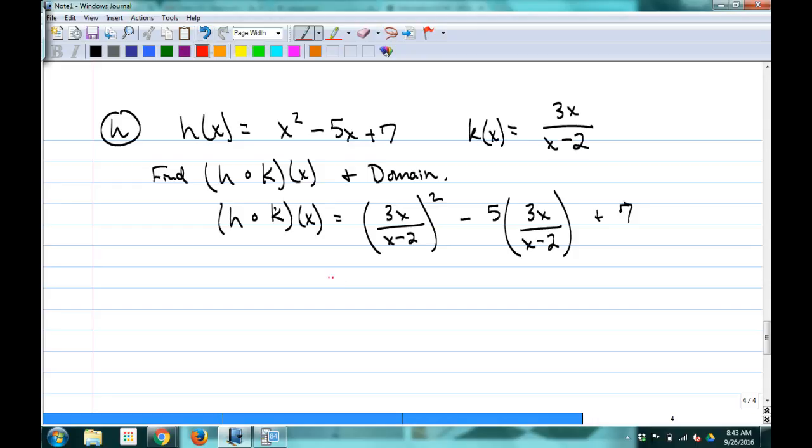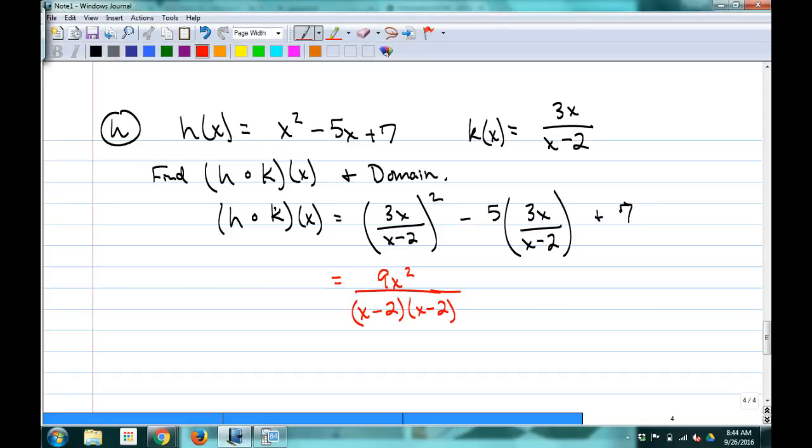So what happens when I square this fraction? What happens to the numerator? Should be 9x squared. 3x times 3x, 9x squared. The denominator, if I square x minus 2, that just means x minus 2, right?